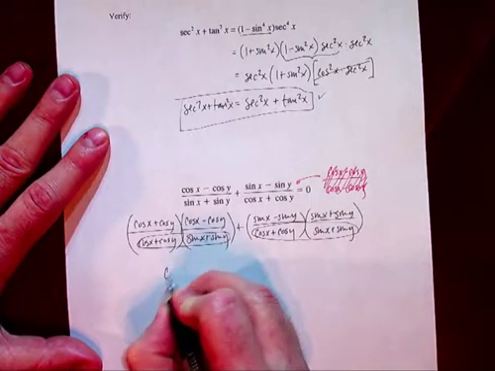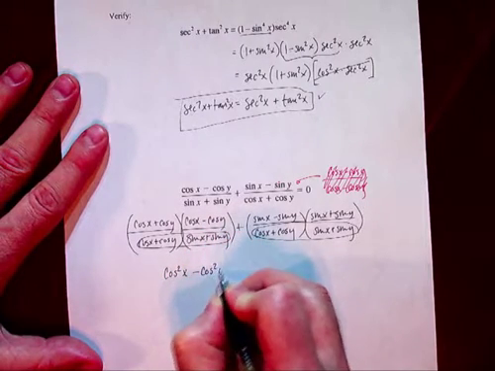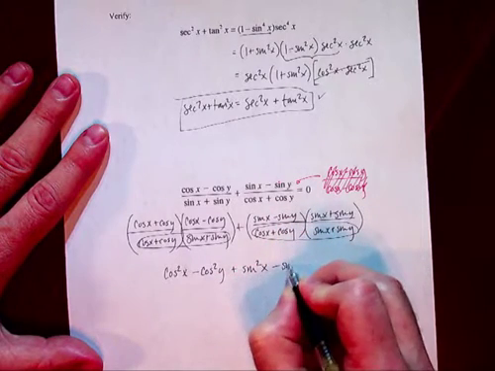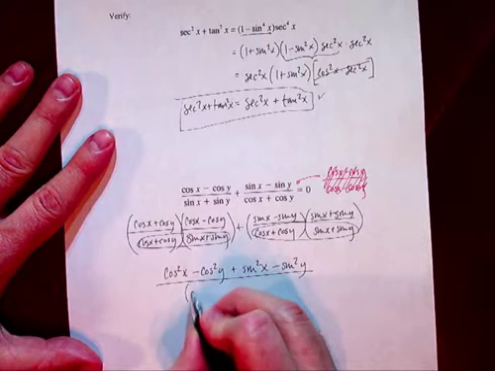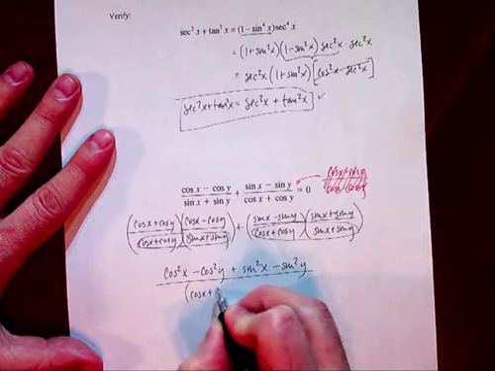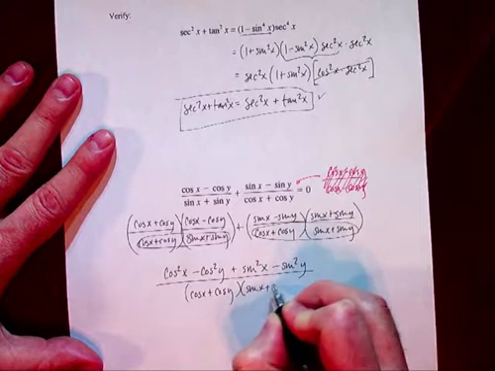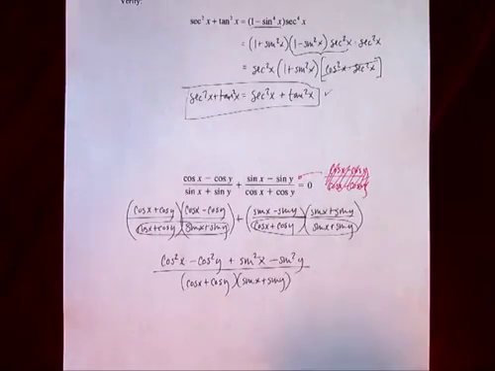That's going to be cosine squared x minus cosine squared y plus sine squared x minus sine squared y. And you're thinking to yourself, how in the world is that going to cancel? Well, that's going to cancel because of Pythagorean. Okay, I just have to decide which one I'm going to change.